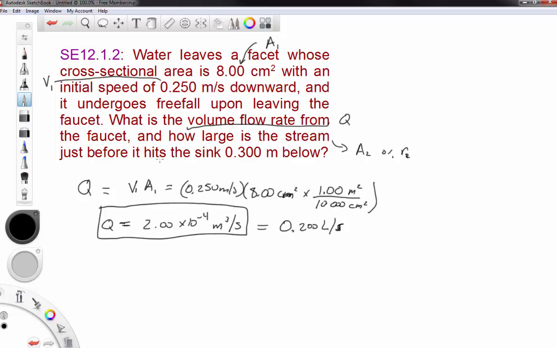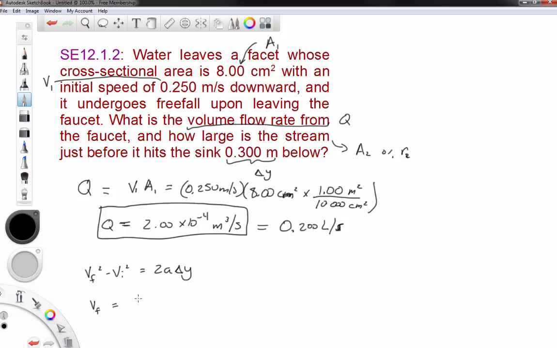The second part of the problem is how large the stream is just before it hits the sink 0.3 meters below. To determine that, we've got to figure out what the final speed is. We can use the fact that this is going under a constant acceleration. So v final squared minus v initial squared should be 2 times that acceleration times the distance that it falls, which is delta y. V initial, of course, is this v1. A is given by the gravitational acceleration.